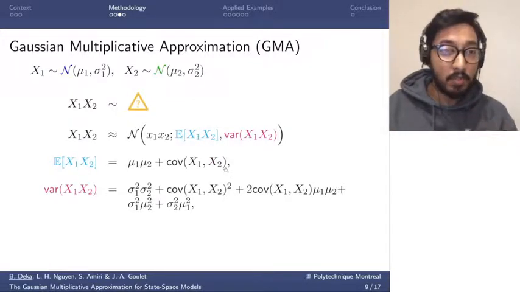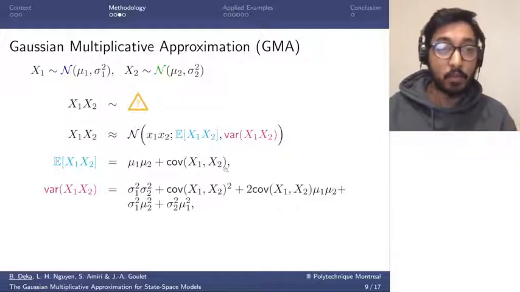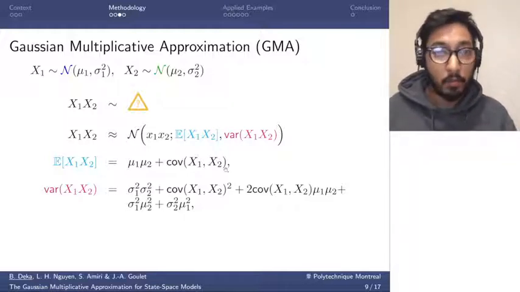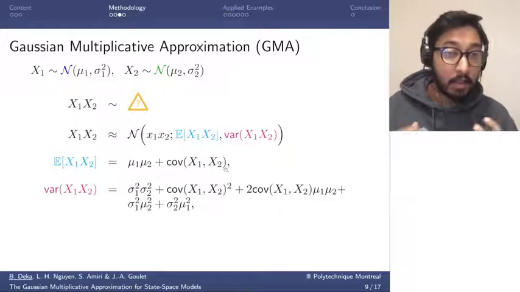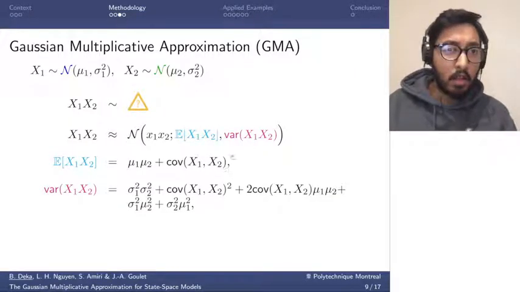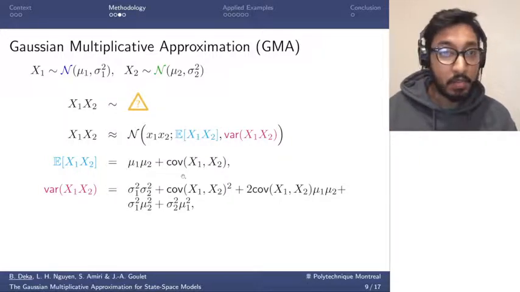So these moments, expected value of x1 times x2 and variance of x1 times x2, which are the moments for the random variable x1 times x2, can be computed using these closed form solutions. And if you look closely, we only need the mean as well as the variance parameter for x1 and x2 in order to compute both these moments.